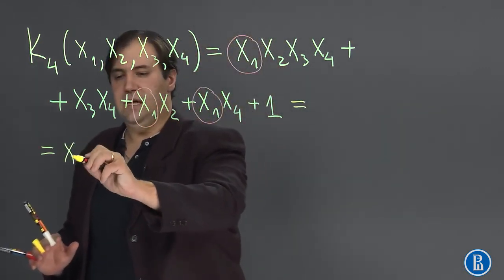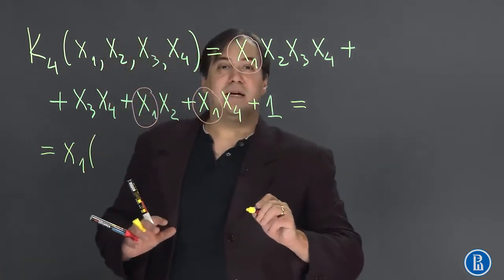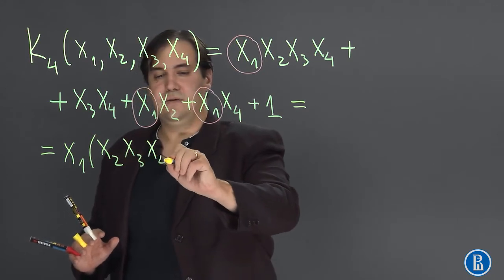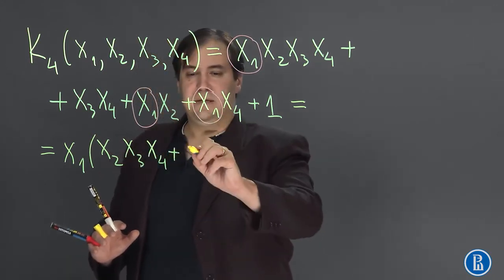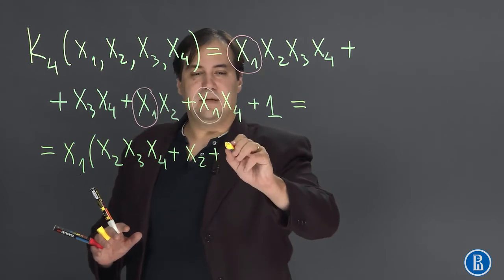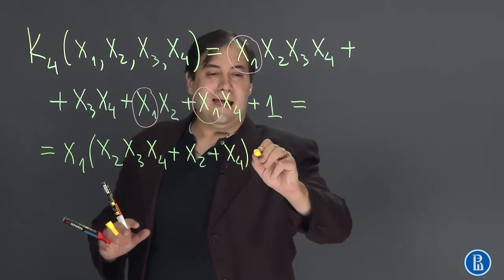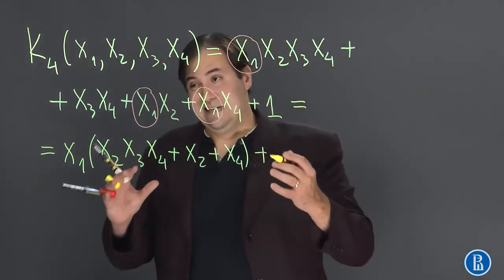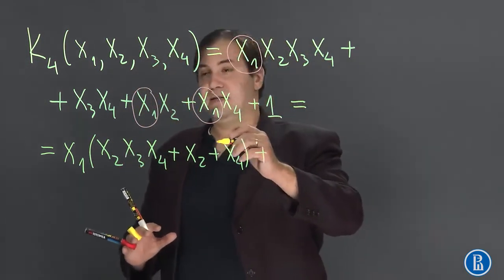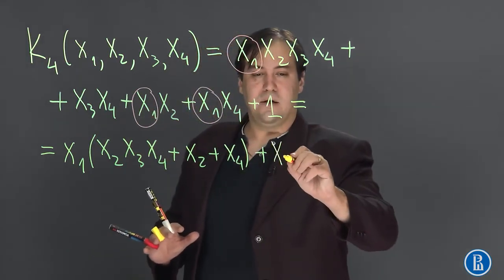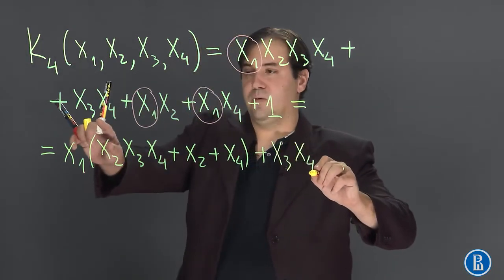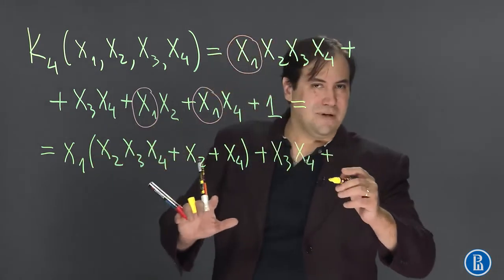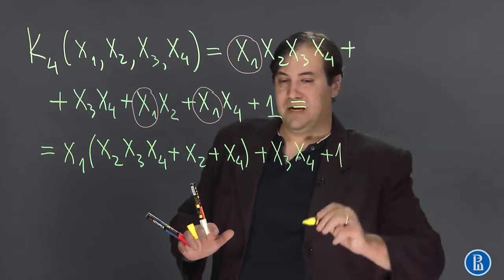We will have x1 multiplied by x2, x3, x4, plus x2, plus x4, and we will have several summands that didn't contain x1, and these are x3, x4 from over here, and 1. Well, there don't seem to be any other such summands, plus 1.